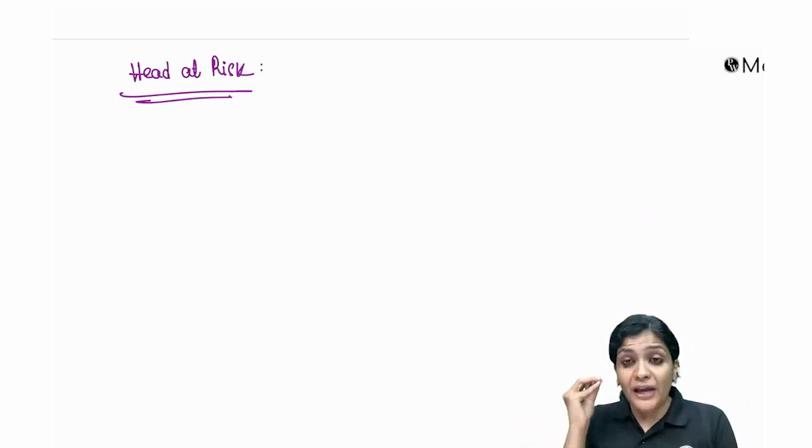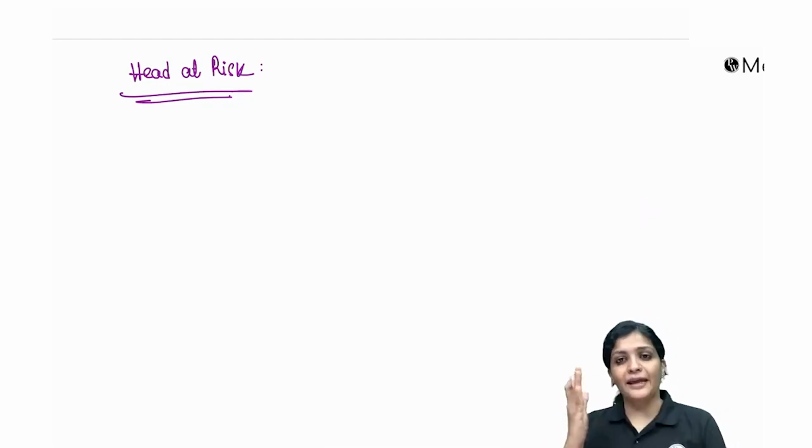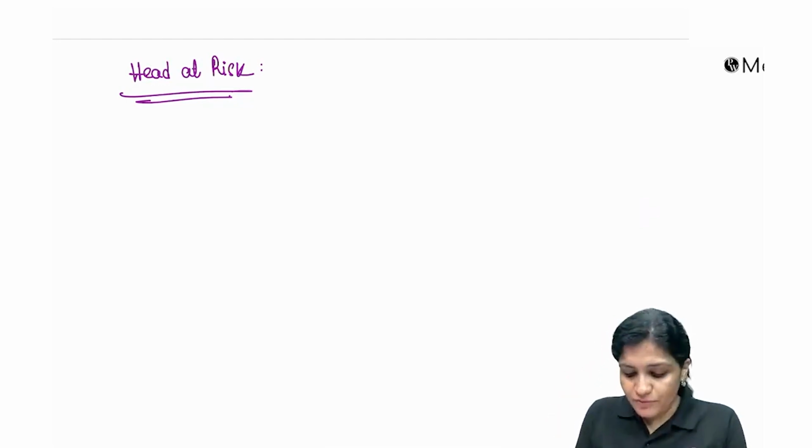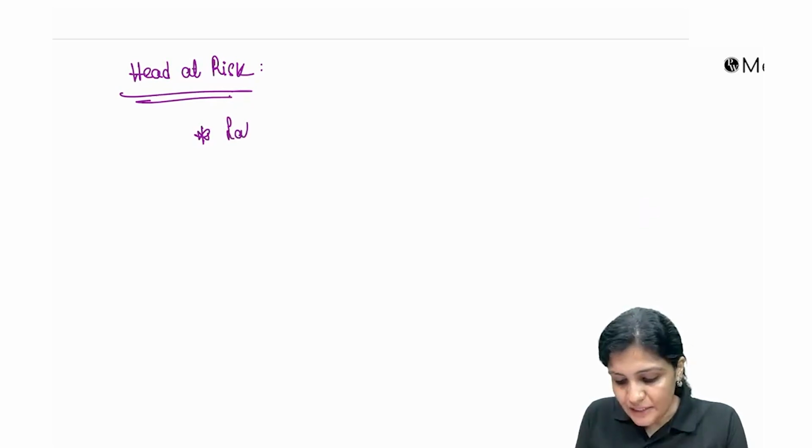That means where you will see that there is some problem with this head and you will take care of that particular patient. You always look at the lateral side of the head.